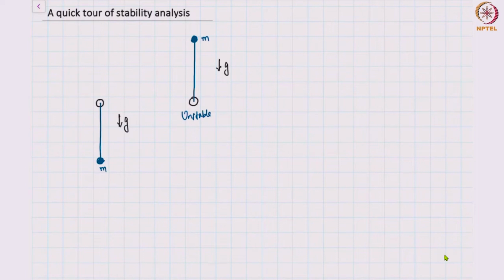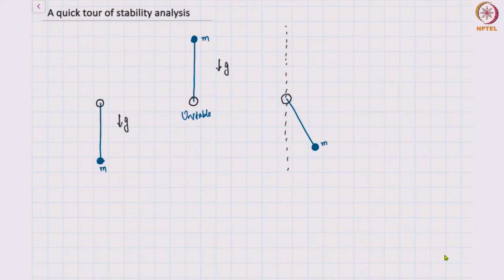Most people would say yes, but we can actually derive another configuration, or another state rather, which is to say that here's my hinge. I am releasing a mass from here.